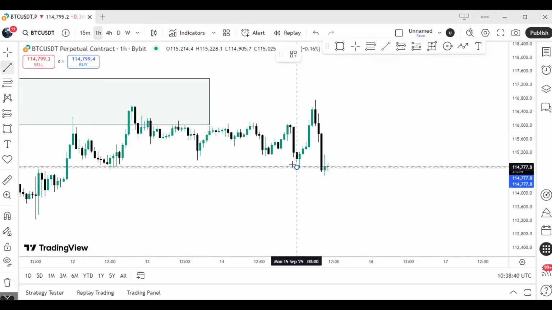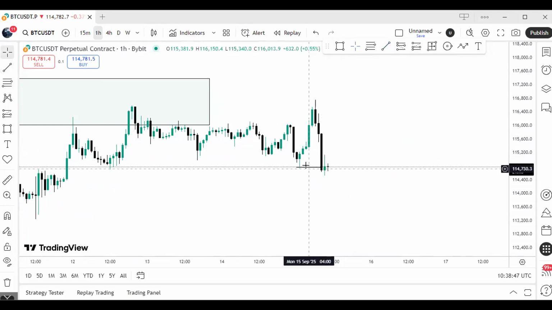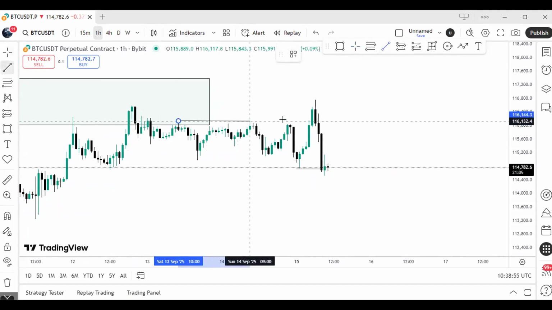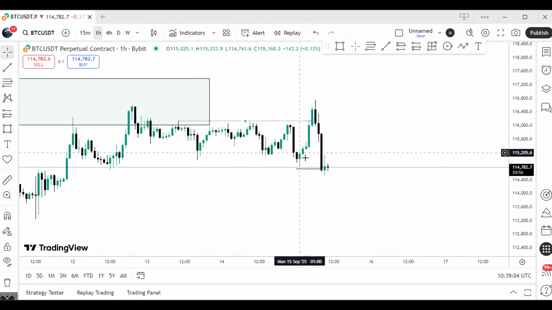So I can mark this as my break here. Price has broken this and closed with a candlestick. So this gave me additional confirmation that, yeah, we are good to short the market, right? And at this point, price has already swept all the liquidities above here.